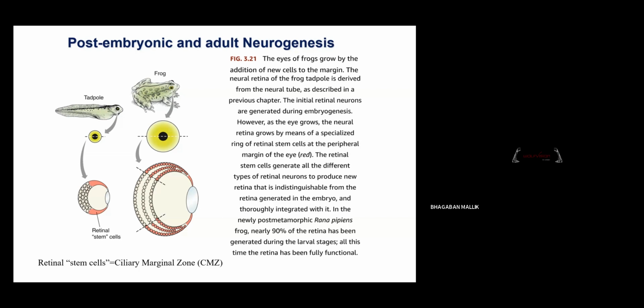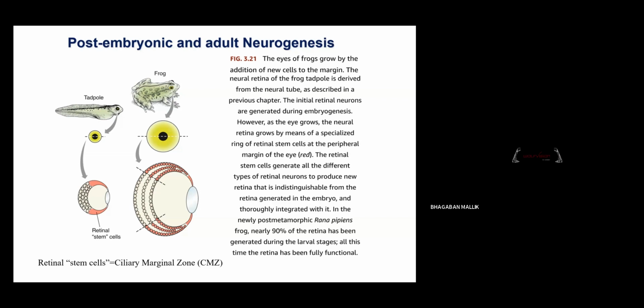This happens because those stem cells that are present are also dividing in the adult stage, and that we call adult neurogenesis, and it happens in adults. But there are several studies which say that adult neurogenesis is not well studied. The prior hypothesis was that neurogenesis happens during the embryonic stage, and the cells are terminally differentiated cells; they don't divide.